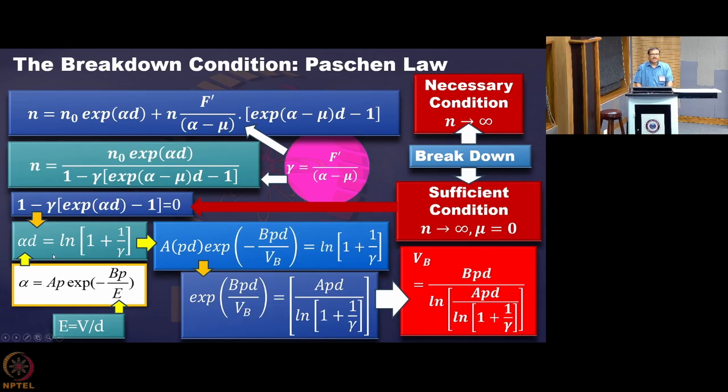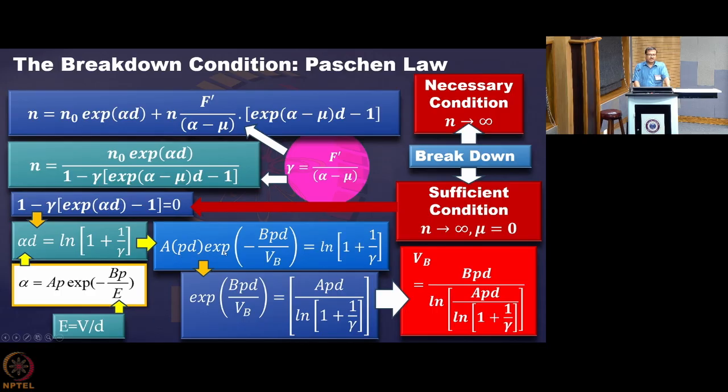It is very simple. Now you know the expression for alpha, what was that? Alpha was the same as AP exponential minus BP by E. This we have already derived, and you know E equals V by d. Now for breakdown, what we will say? This V is the breakdown voltage. So if that is the case, then we are putting that over here. So it is AP, and this d is getting joined over there.